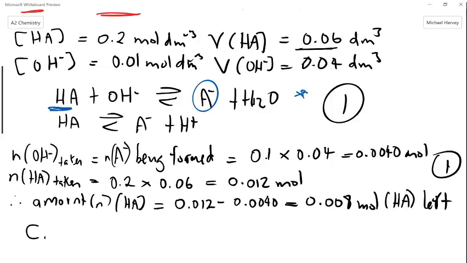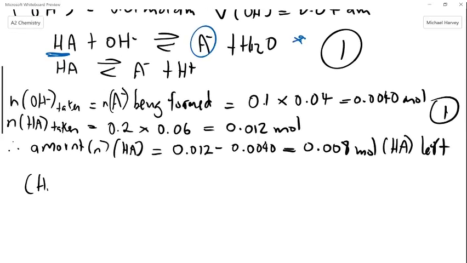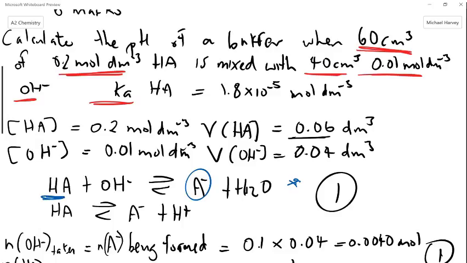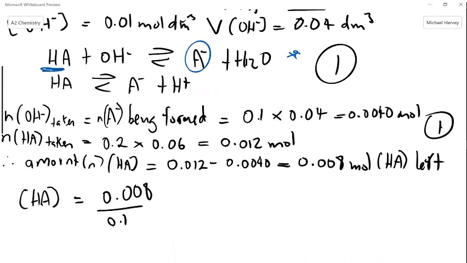Therefore the concentration of the weak acid is going to equal the moles divided by 0.1. It's 0.1 because the combined volume of the solution is 40 plus 60, which is 0.1 decimeters cubed.